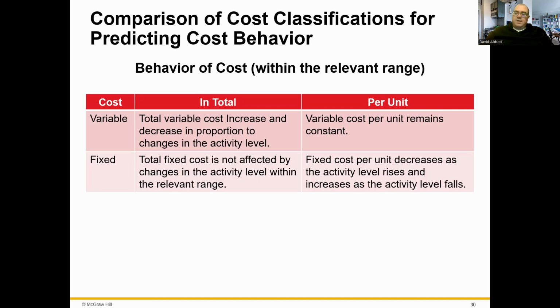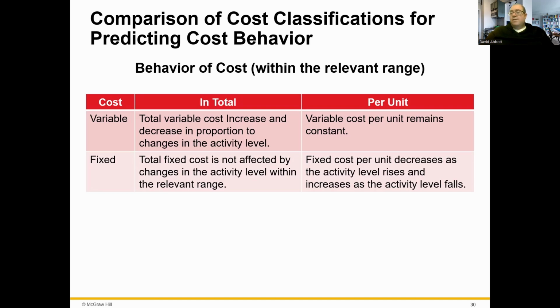So to summarize, variable costs in total are going to increase and decrease in proportion to changes in activity level. And then per unit, the variable cost will remain the same.